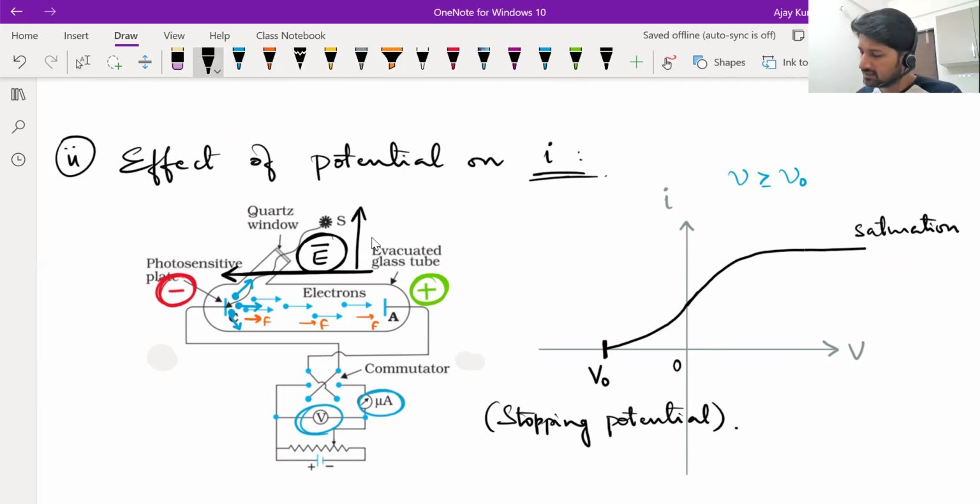It was found that when intensity is increased, the saturation current increases. Okay, so let's say this graph was obtained at one intensity I1. Then at another intensity, let's consider a higher intensity, it was found that the graph goes like this. There is a higher saturation current when intensity is increased, I2 greater than I1, but the stopping potential stays the same.